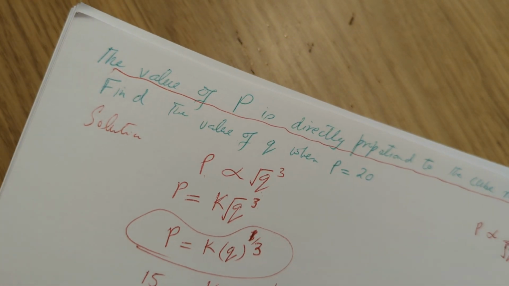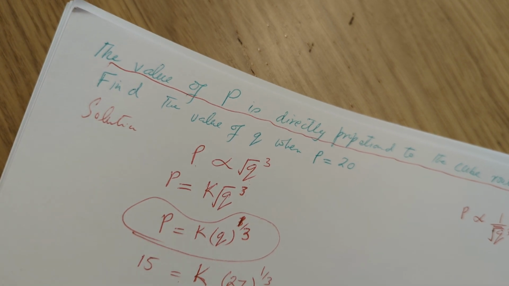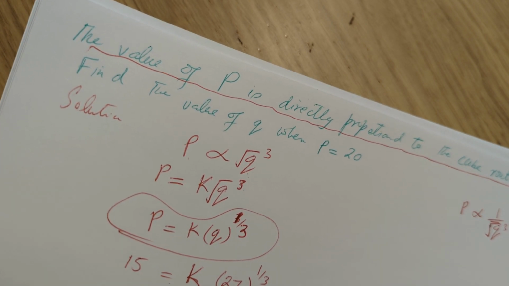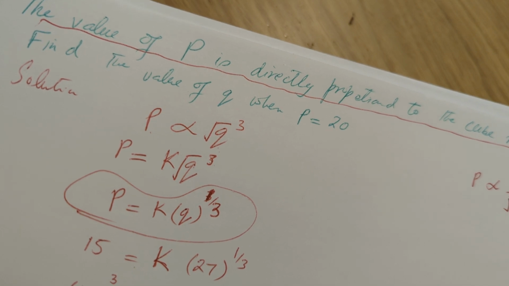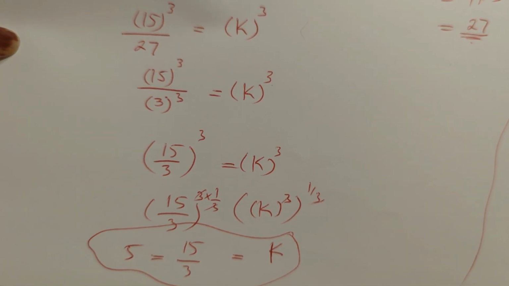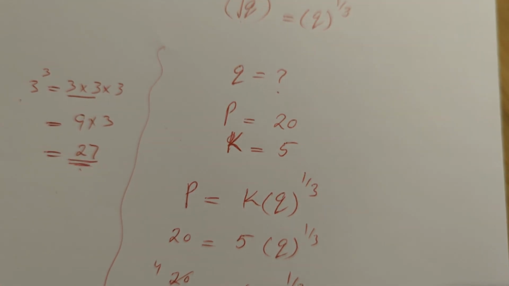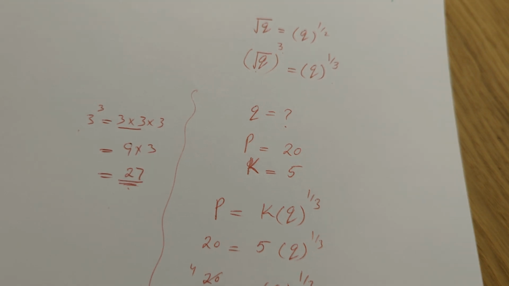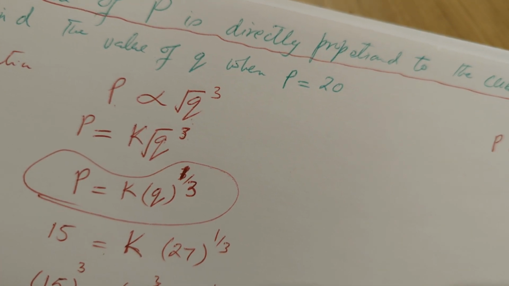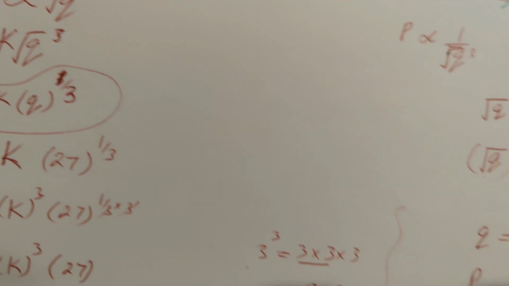And third step, it will give me find the value of Q when P is equal to 20. I will use P is equal to 20 and the value of K which I have found, which is 5 here. I just put these values in the given expression, which is P is equal to K into Q power 1 by 3.